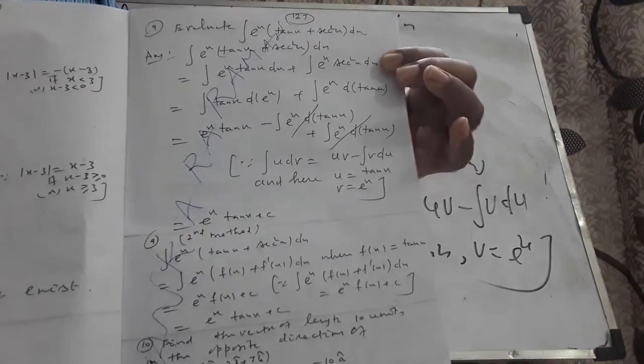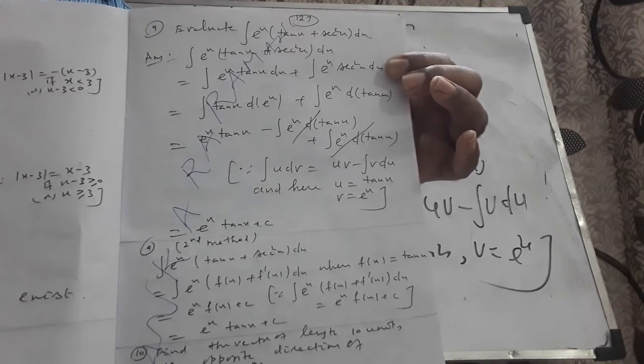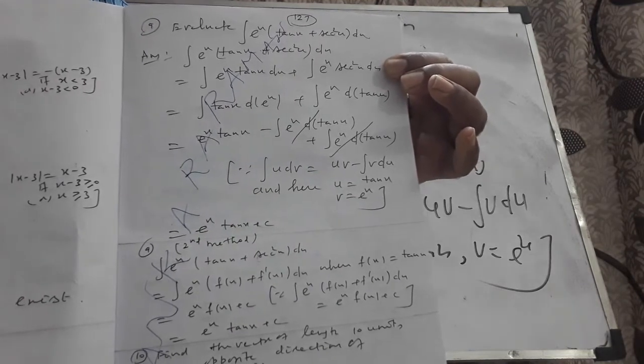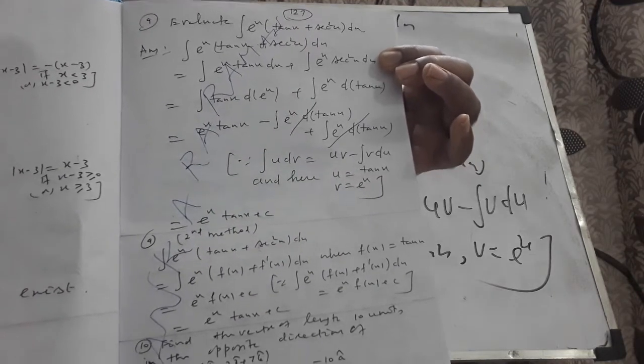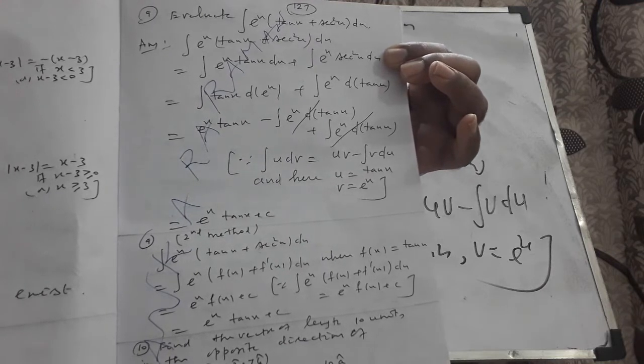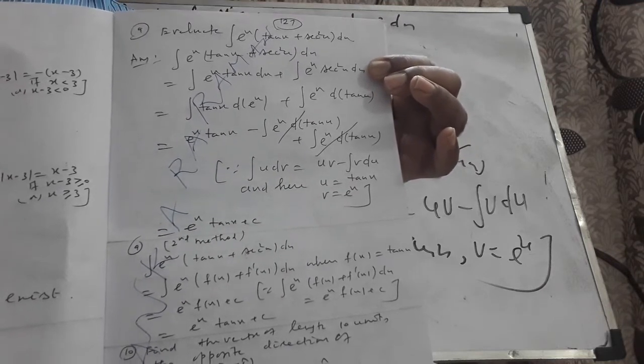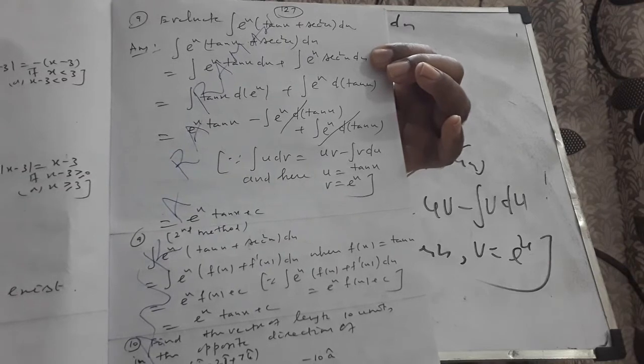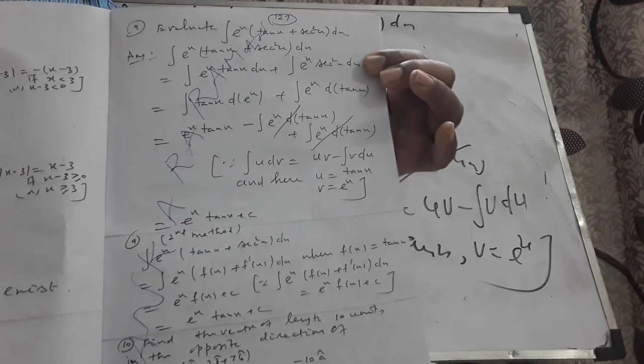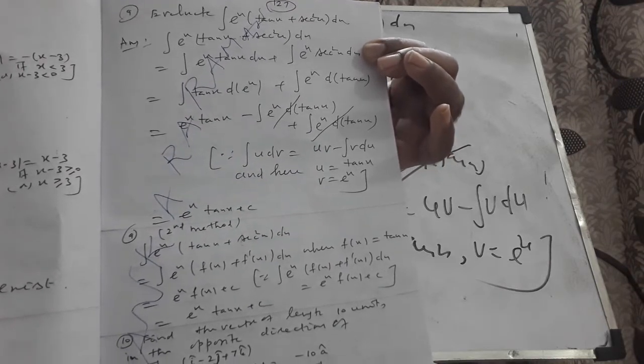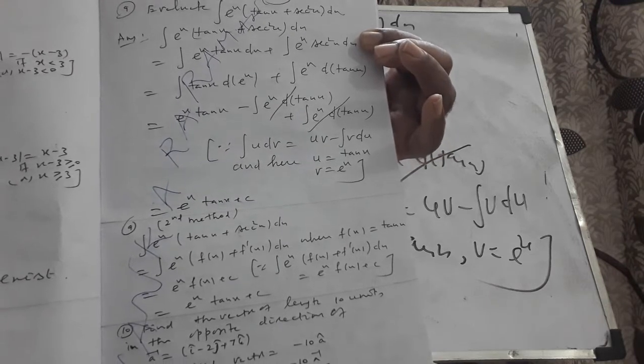I said it as 14, sorry. Question number 9. I think you are able to go through what I discussed as well as what I am showing now in the handwritten form in my notebook.